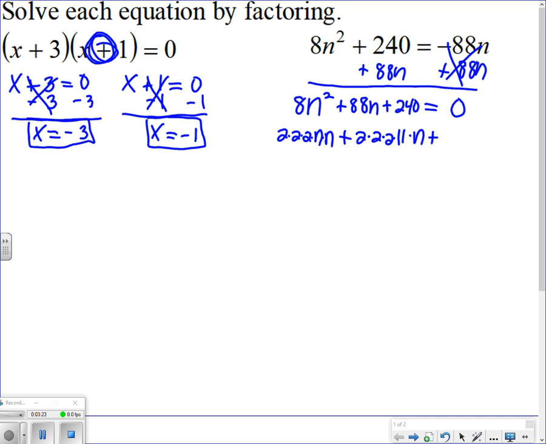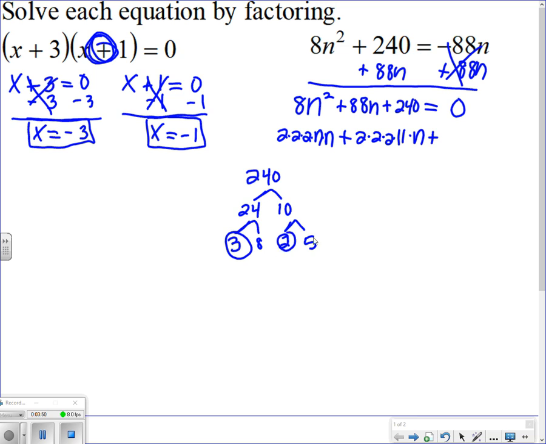240 is a big number, so I'm going to do the following. 240 factors. Let's say we use 24 and 10. Factors of 24 will be 3 and 8. Factors of 10 will be 2 and 5. This is prime.